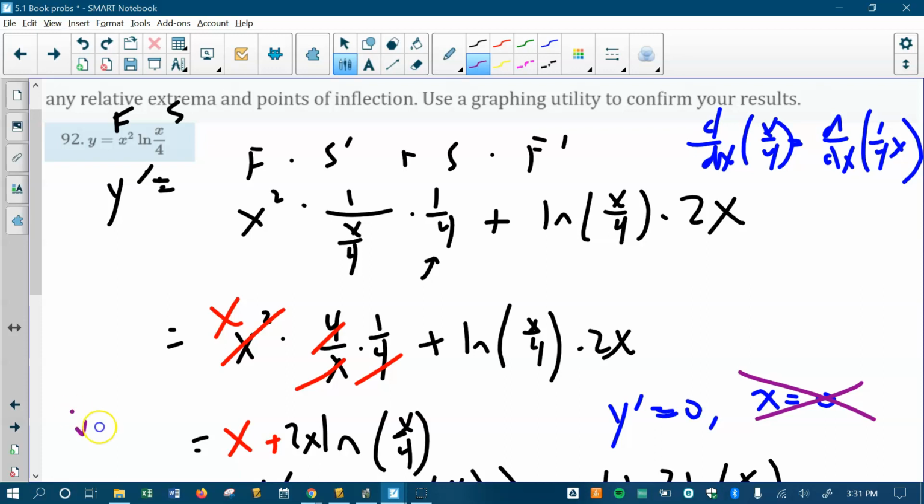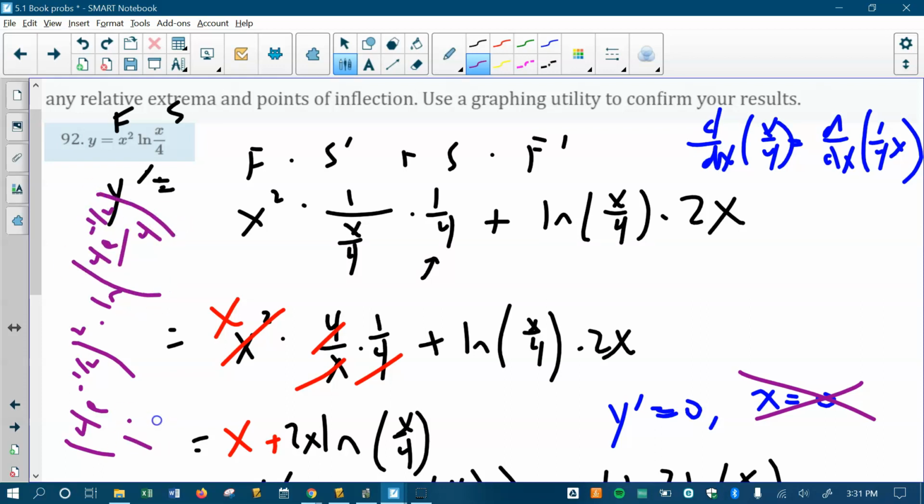We're going to get 4e to the negative 1/2 squared times ln of 4e to the negative 1/2 over 4. You can do this without a calculator. That's going to be 16e to the negative 1 times, the 4's cancel, and the negative half comes down up front, so times negative 1/2, which is going to be negative 8 over e.